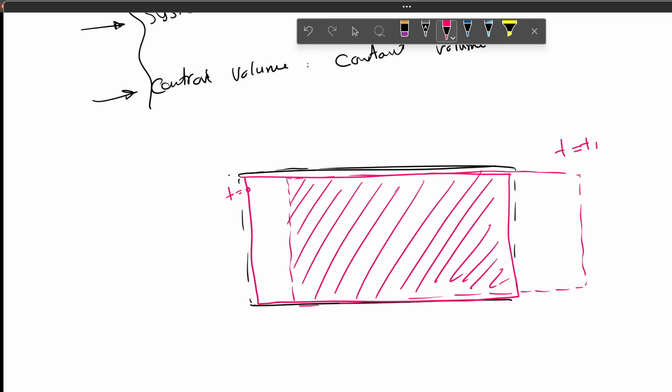What should we do? You have to find out how much of it has moved out, how much of a new system has moved in, and whether there have been any changes inside.